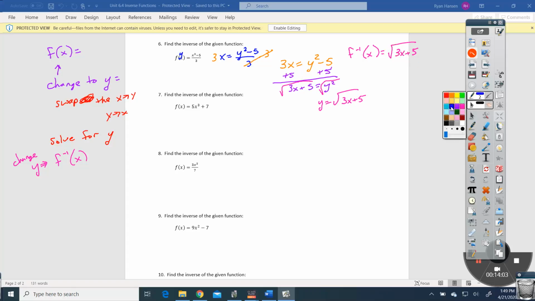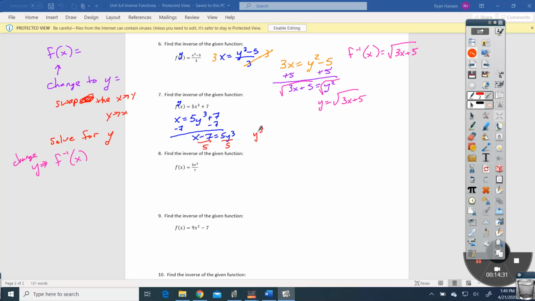So on number 7, this is really the y. We're going to swap those places. So x equals 5y cubed plus 7. Now we're going to solve for y. I'm going to subtract the 7 from each side. So x minus 7 equals 5y cubed. Now to get the y cubed alone, we divide by 5. And I divide the whole thing, not just the x, not just the 7, but the whole thing.